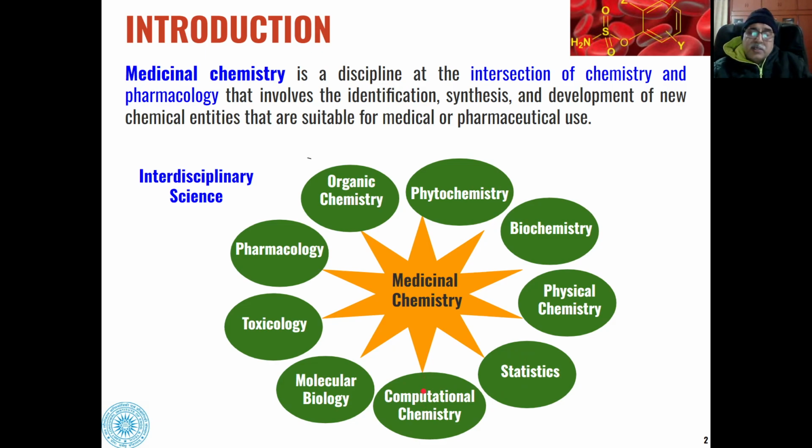Computational chemistry these days is very important because it tells us about the QSAR studies for different types of drug molecules. Then molecular biology, toxicology, and pharmacology, which will tell us how active our targeted drug molecule is.